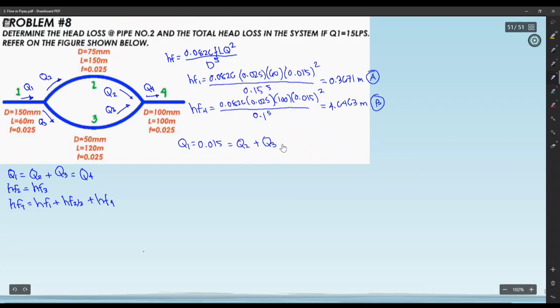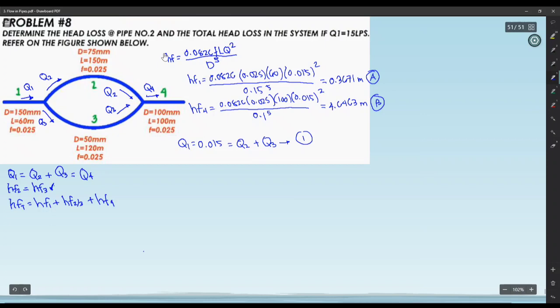So, i-retain muna natin tong equation na ito; let this be our equation number 1. Ang goal kasi natin ay magawa na iisa lang yung unknown. Sunod kong gagamiting equation is itong pangalawa. In terms of head loss, kukunin natin yung relationship ng Q2 in terms of Q3 para maging isa lang yung unknown, and then i-substitute natin siya dito.